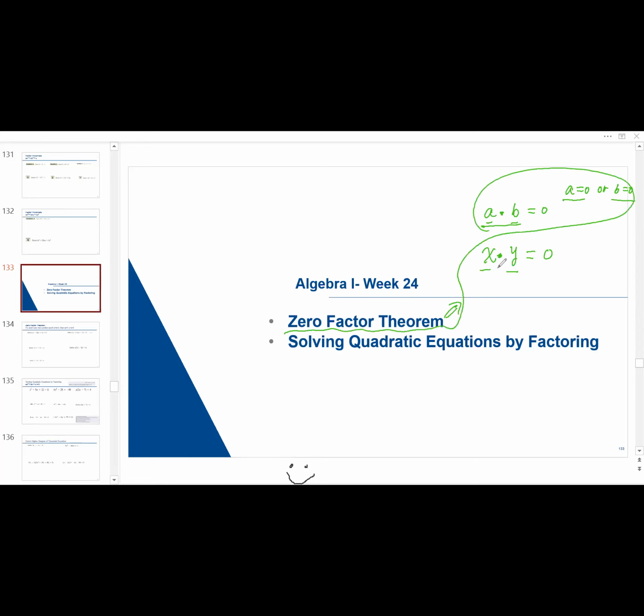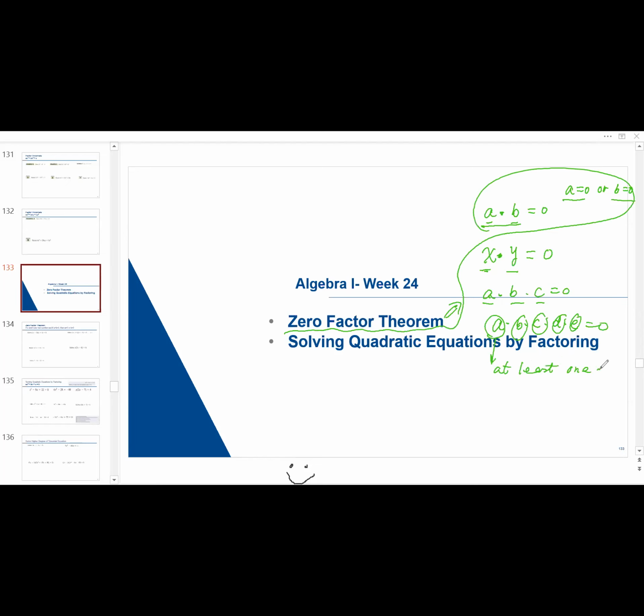If we have multiple numbers, like A times B times C equals 0, at least one of them equals 0. If you give more, something like A times B times C times D times E equals 0, at least one of them needs to be equal to 0, right?